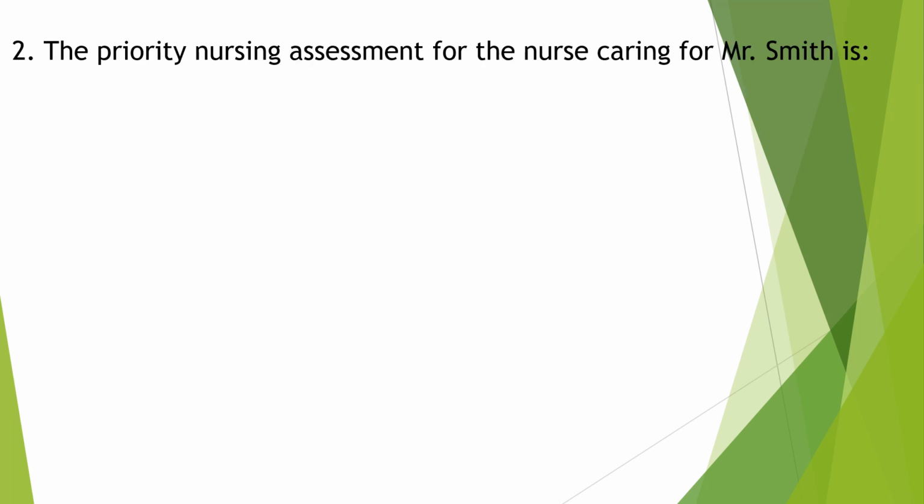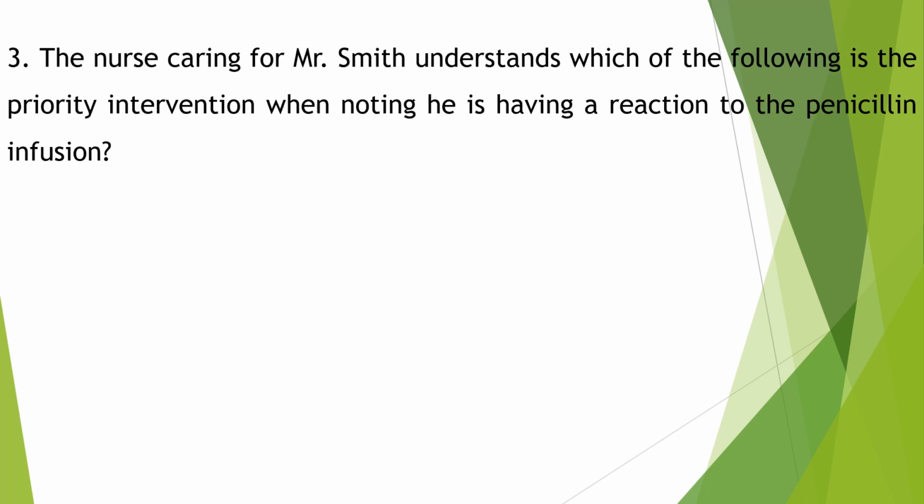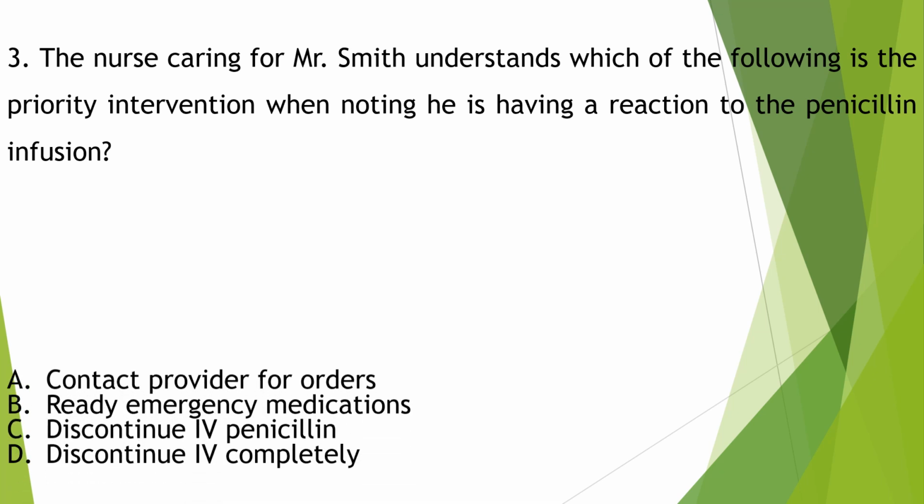The priority nursing assessment for the nurse caring for Mr. Smith is assessing bowel sounds, a full head-to-toe assessment, monitoring respiratory status, or assessing the skin for a rash? Of course, the nurse has to monitor the respiratory status. The nurse caring for Mr. Smith understands which of the following is the priority intervention when noting he is having a reaction to the penicillin infusion?